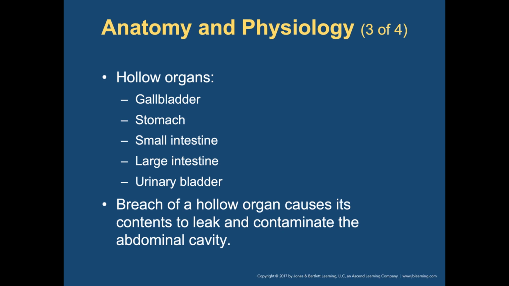So here are some of your hollow organs: gallbladder, stomach, small intestines, large intestines, and urinary bladder. If there is a perforation of one of the hollow organs, the contents will leak into the abdominal cavity. That's important. If you notice they're vomiting a lot, the color of the vomit is important to you.